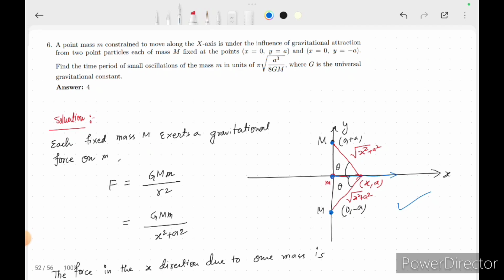Let us consider that at a particular time, at a particular position, the point mass m is located at x equals x0.